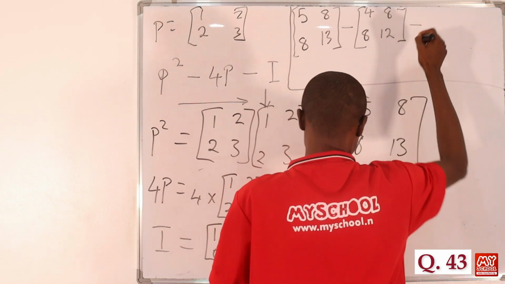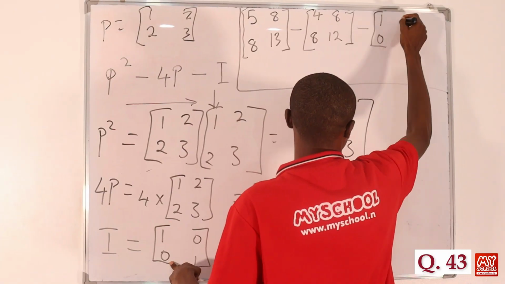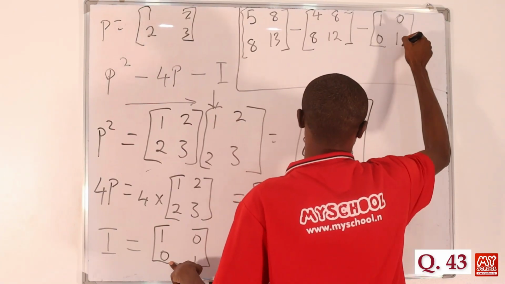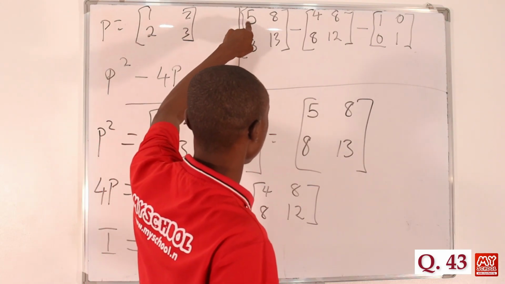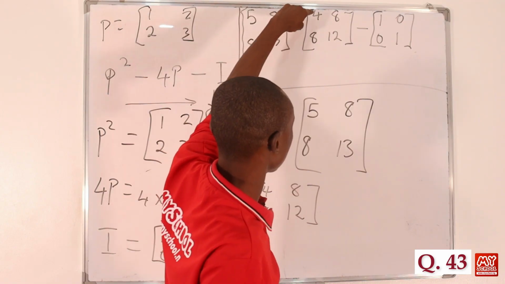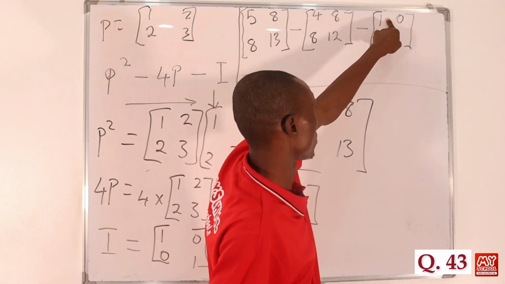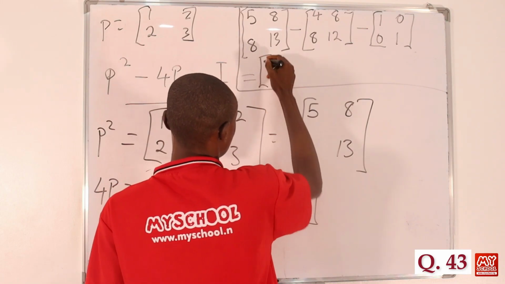Then for our identity element, which is 1, 0, and 0, 1. So let's subtract and see what we are going to be having. So here we have 5 minus 4 minus 1, and that will be equal to 0. Okay, so the first element is equal to 0.